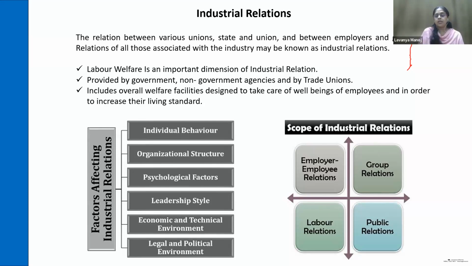Scope of industrial relations: where can it extend its hand? Employer-employee relations, group relations between two groups, labor relations, public relations as well. In a few cases, the public may have strong complaints or strong restrictions against one industry, one particular organization, or one particular trade union.